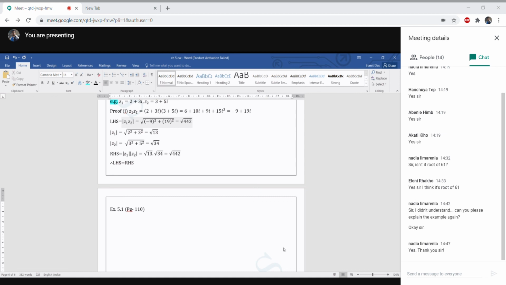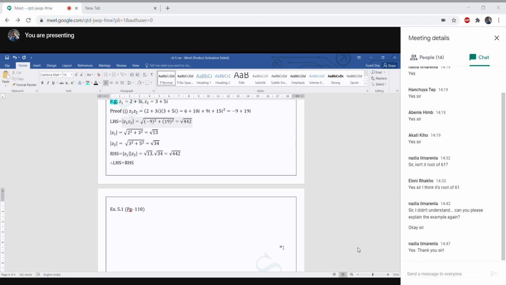Multiplicative inverse means we have to find the conjugate and the modulus. Okay, we need to find the complex number, this one. How to find?